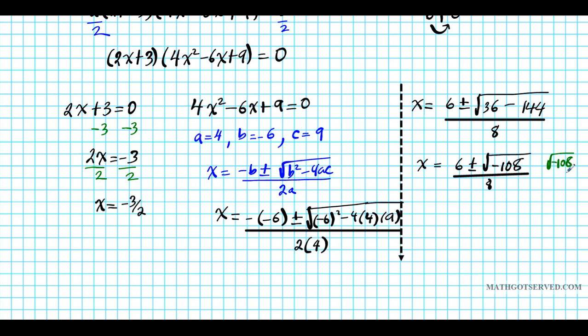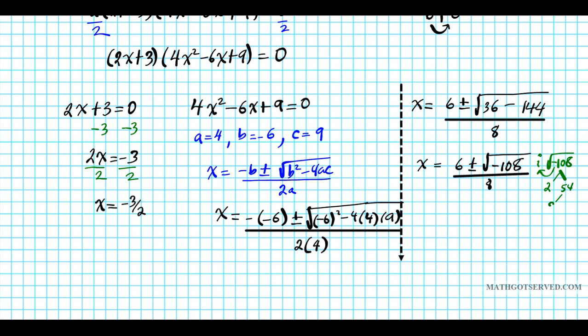We're going to be extracting the perfect squares from 108 and taking their square roots. First of all, you want to remember that the square root of negative 1 is i, so the negative comes out as an i. Let's decompose 108 into its prime factors. If you take out 2, you're left with 54.